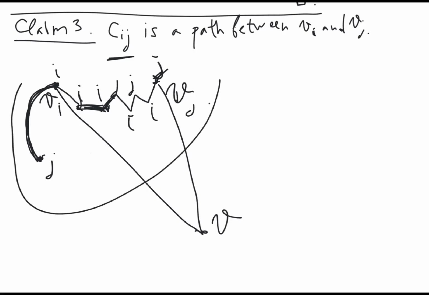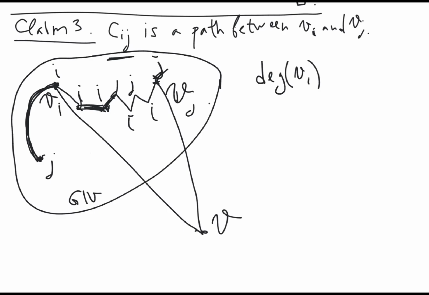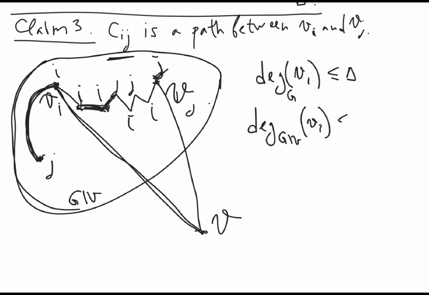So this is the graph G minus V. Vi and Vj are connected to V, and the degree of the vertex Vi in the whole graph G is less or equal than delta, and to one vertex it is connected outside of G minus V. So the degree of this Vi in the graph G minus V is delta minus 1, is less or equal than delta minus 1, because one edge goes outside of this graph.